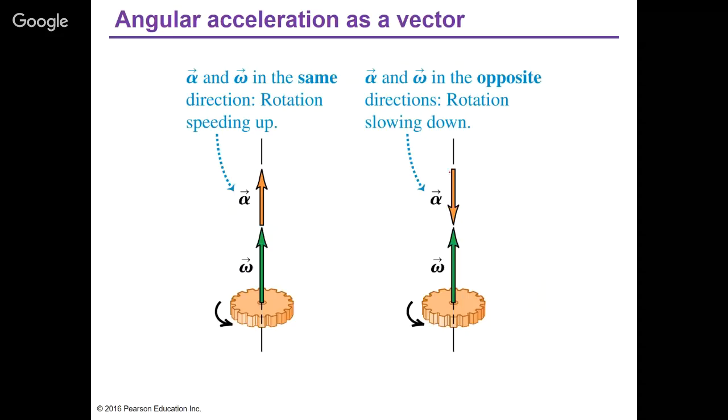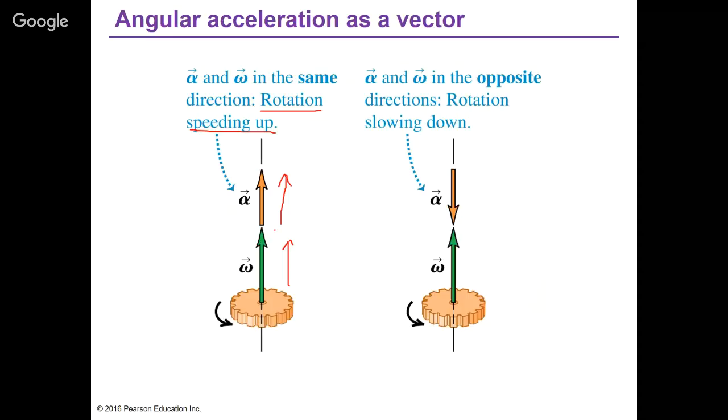In this case, if the angular acceleration aligns with the angular velocity, if they point in the same direction, then the rotation is speeding up. You can think about omega getting larger and larger in magnitude.